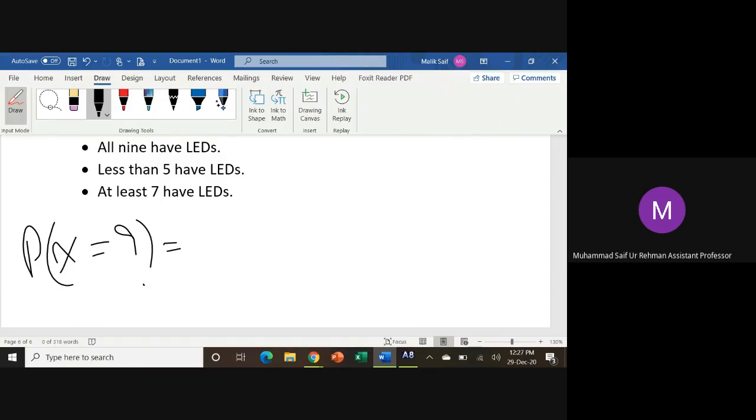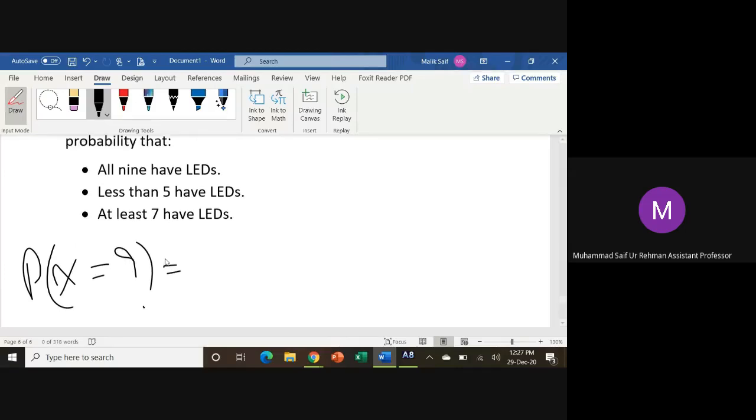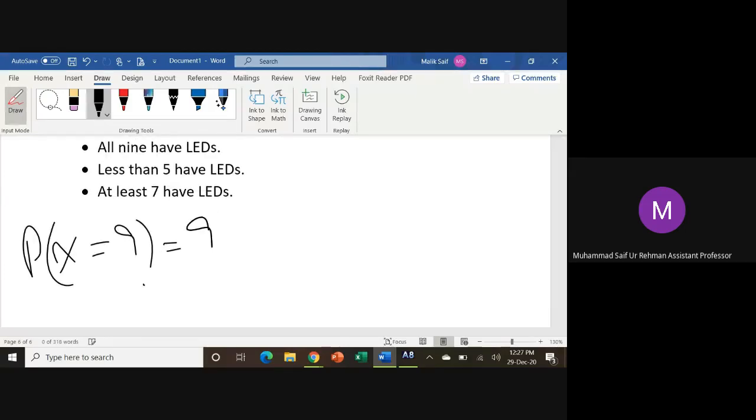How will you solve it? Simply, how many total homes are there? 9. So 9C9. What is the probability of success in this case? 80% have LEDs. So 0.80 power 9 multiplied by 0.20, the probability of failure, not having an LED, power 9 minus 9, that is 0.